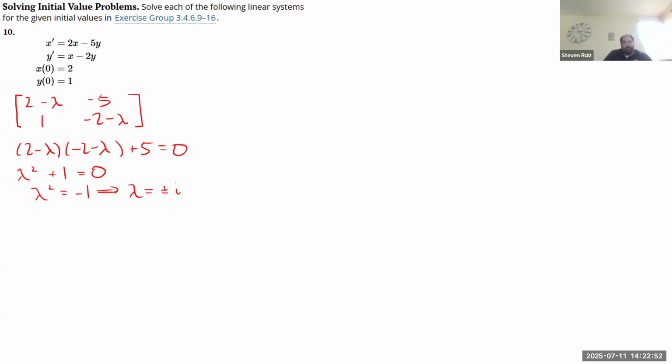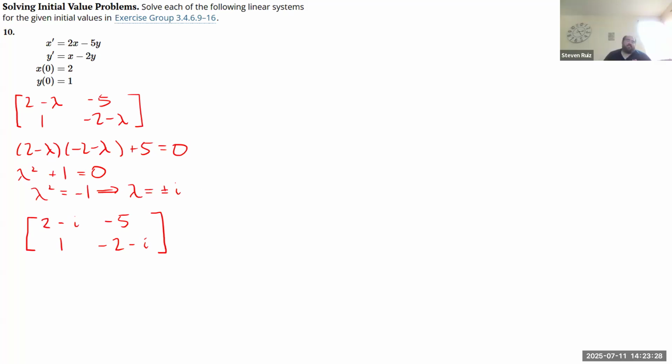Just like last time, I'm going to stick with only one eigenvalue because it tells me everything I need to know. I'll stick with the positive one, but it really doesn't matter. You can take whatever one you want. You're going to wind up in the same place if you do everything correctly. So my new matrix is going to be this: 2 minus i, negative 5, 1, negative 2 minus i. Now I want to make an eigenvector from this.